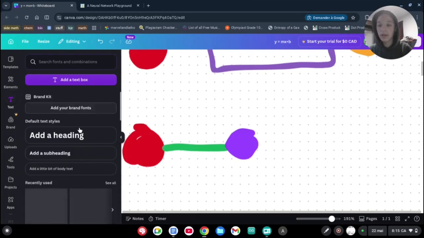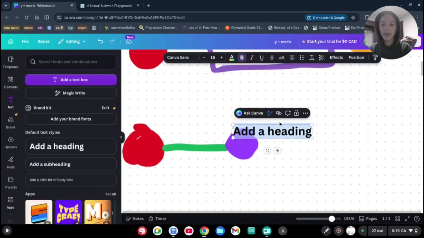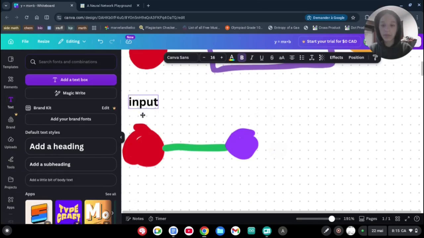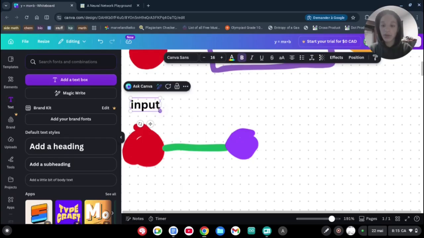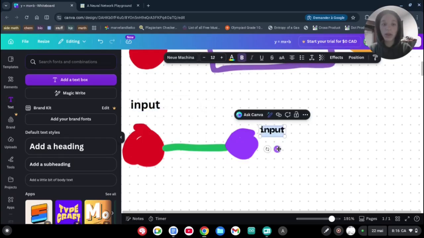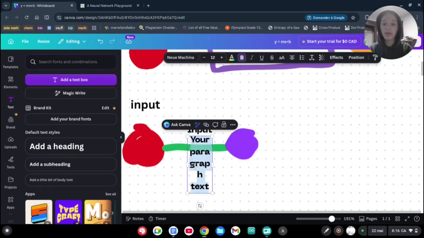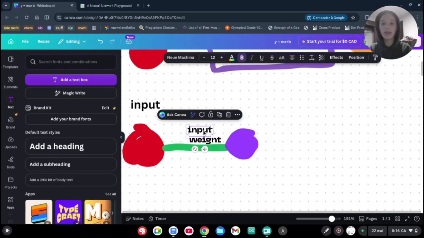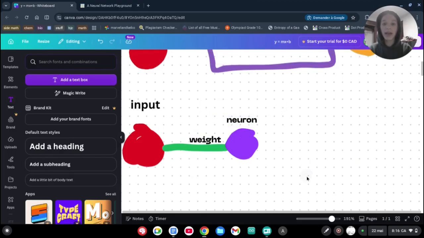So our input was here, right? That's what I discussed earlier. We call this green line a weight. It's a number we're multiplying our input by. And this transformed input is called a neuron. And to this neuron, we add a bias.